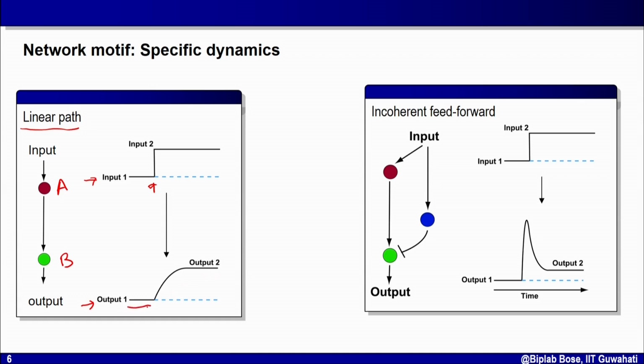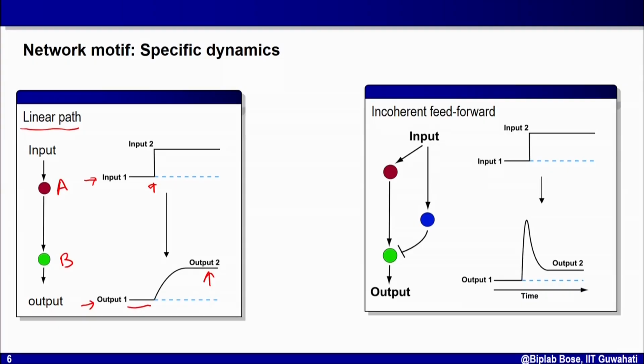So as the input increases, the output also increases and stabilizes at a higher value. That means input and output are changing equally. This is the dynamic characteristic of a linear path, A to B.